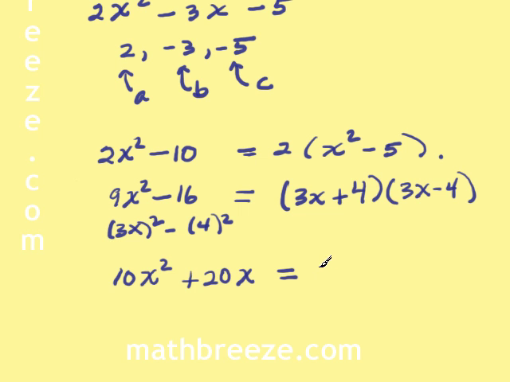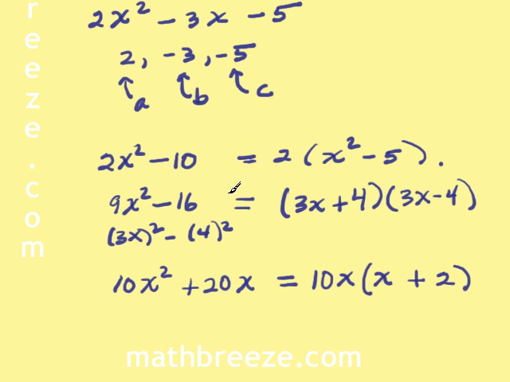This time our common factor is 10x. That's our greatest common factor. Pulling out 10x from 10x squared, we're left with x. And pulling 10x out of the term 20x, we're left with 2. So here's the factorization. All right, so those are some quadratics we know how to factor.